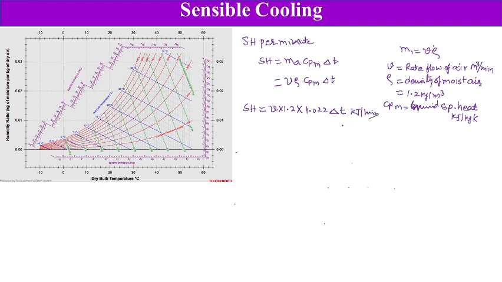Or on simplification, if we divide it by 60, then it becomes in kilojoules per second or kilowatt.